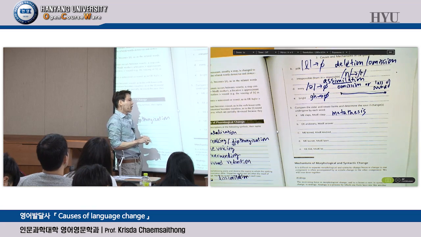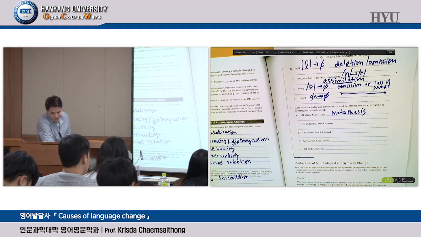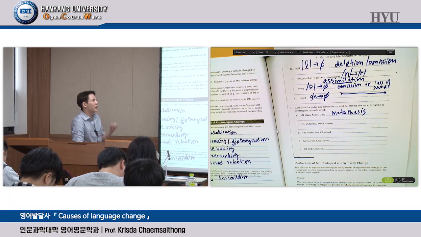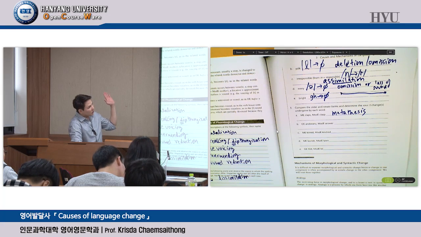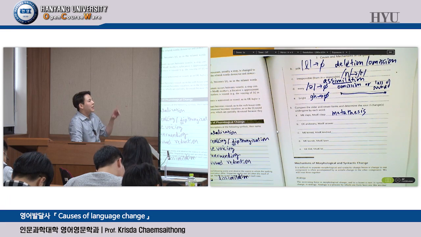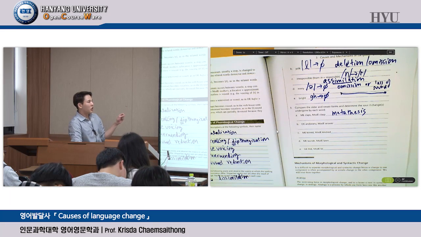Andswaru, to answer. What is different between the Old English version and the modern English version? D is gone, right? D is gone, and W is also gone in pronunciation, right?